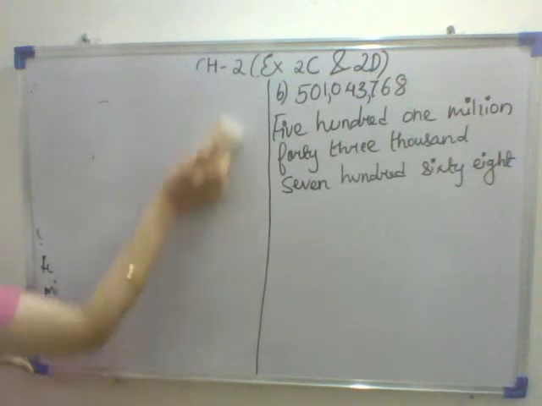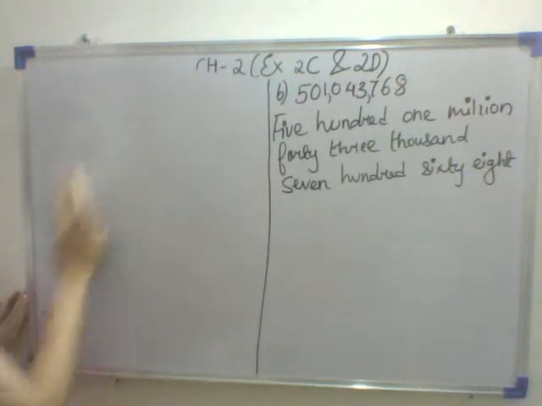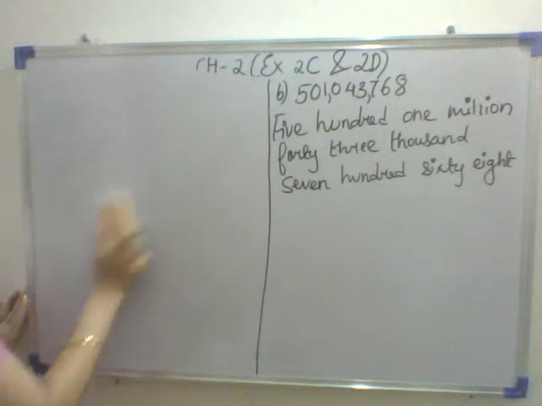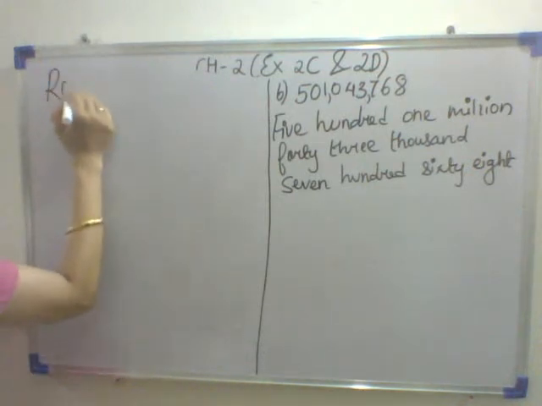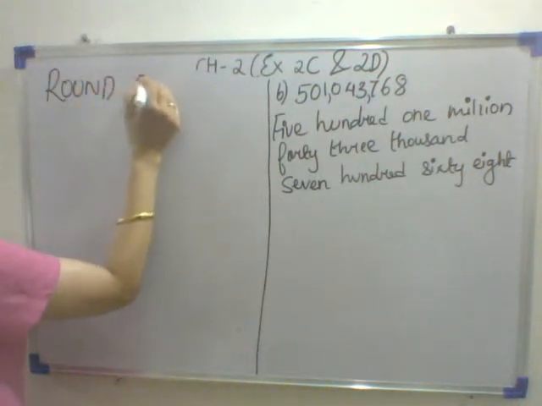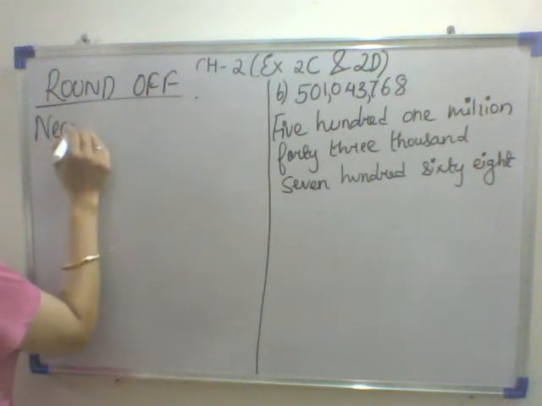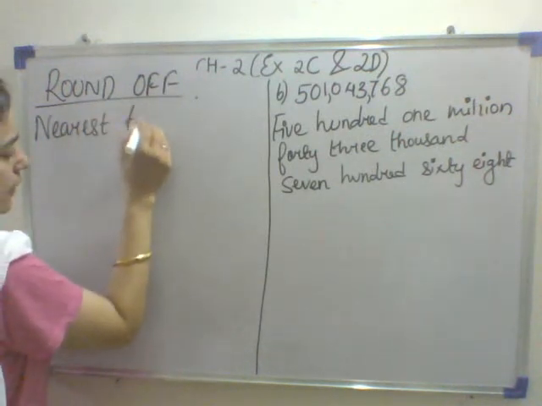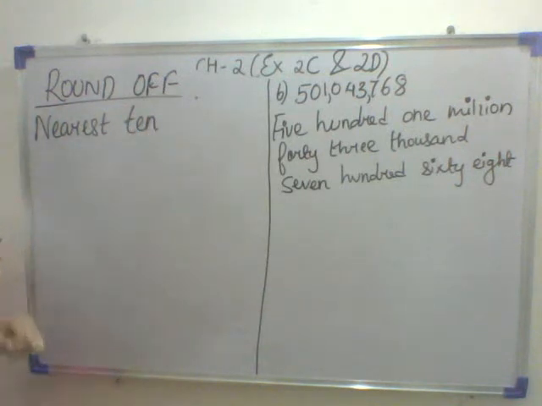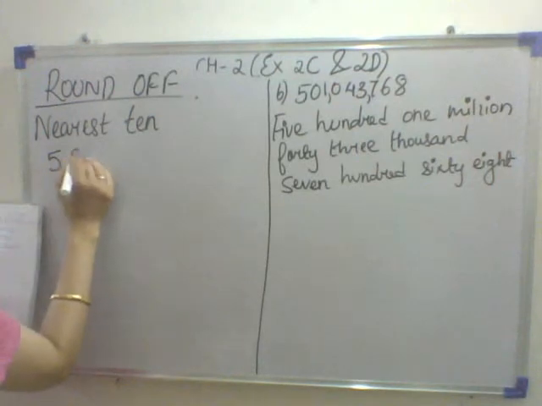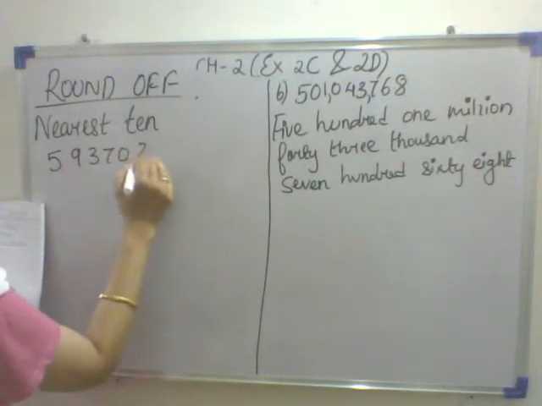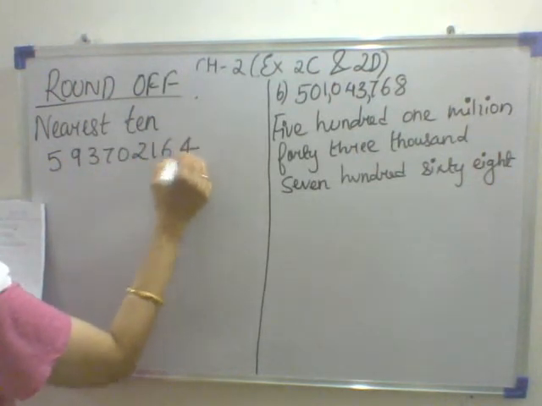So next we will be doing the rounding of the number. The first question was you have to round off the number to the nearest 10. The number was 593702164.